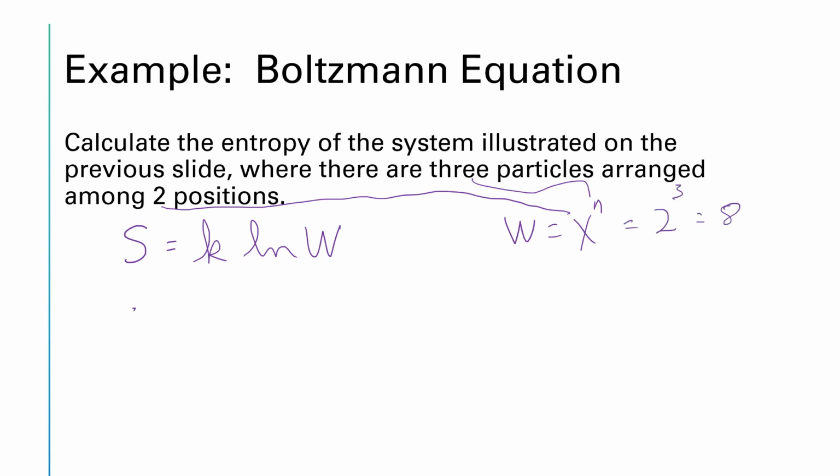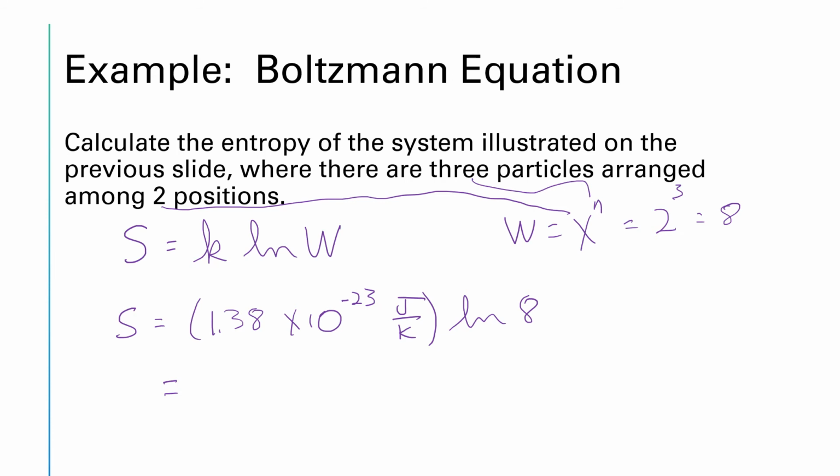So this equation for entropy is K, which is 1.38 times 10 to the negative 23rd joules per Kelvin, times the natural log of 8. Now remember, when you run this through on your calculator, you want to use the ln, not the log.